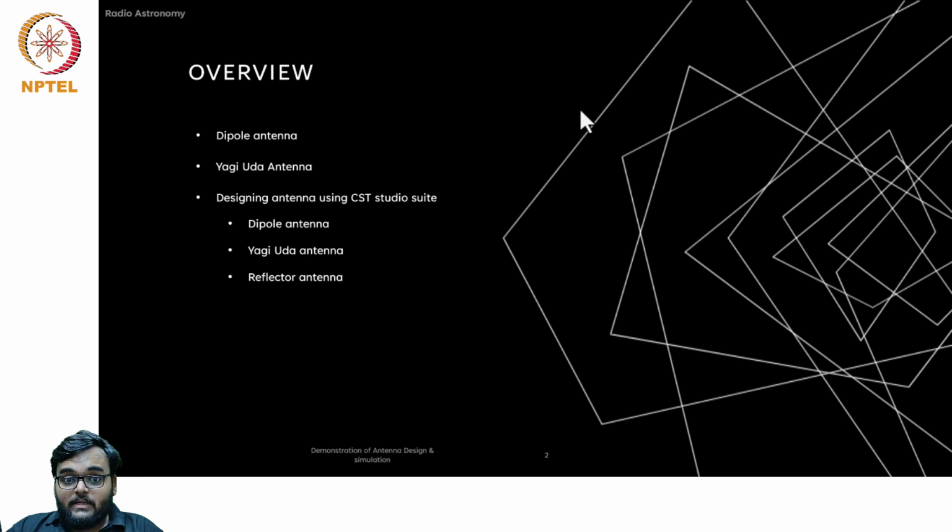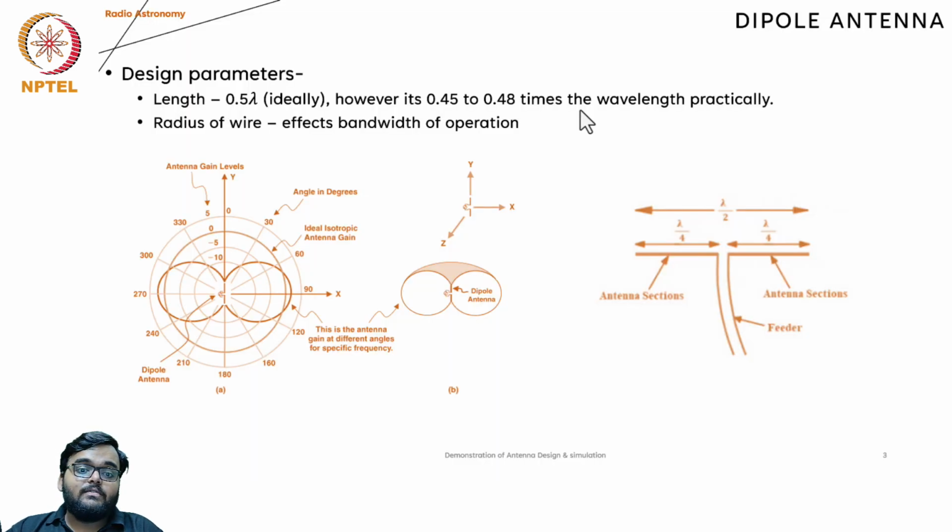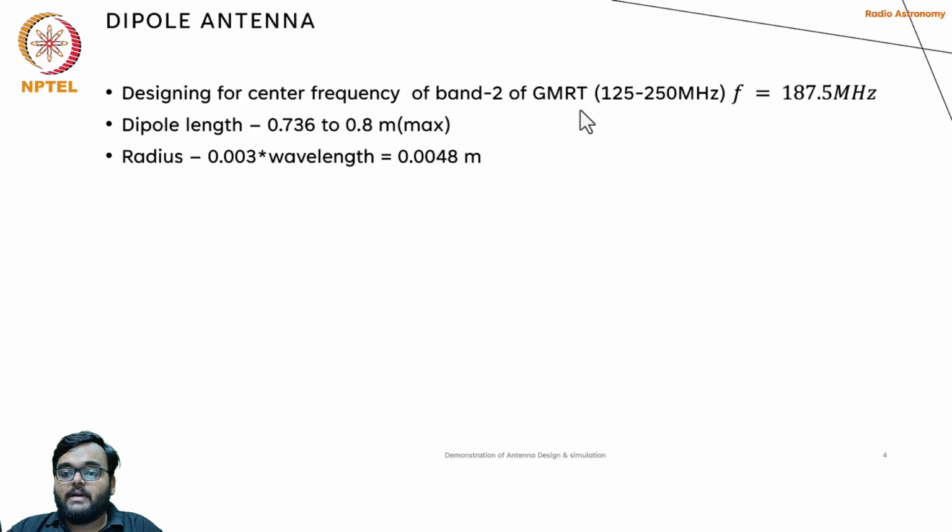For this we will also take a dipole antenna at the frequency range of GMRT band 2, which is 125 to 250 megahertz. So the center frequency is 187.5 megahertz. Here we get a dipole length of around 0.736 to 0.8 meter max.